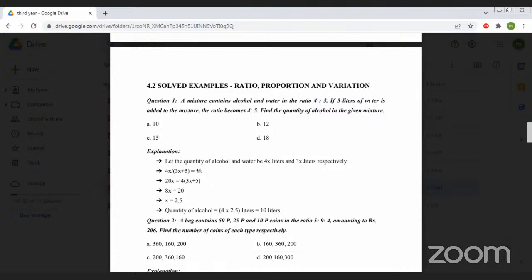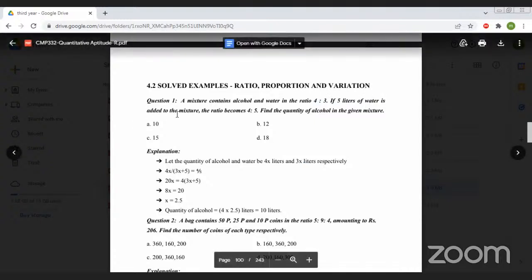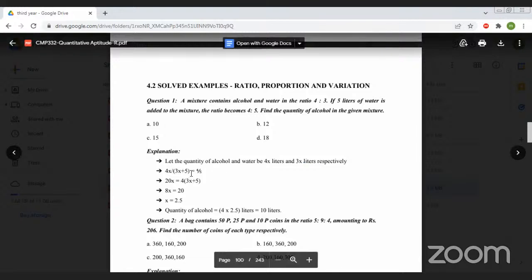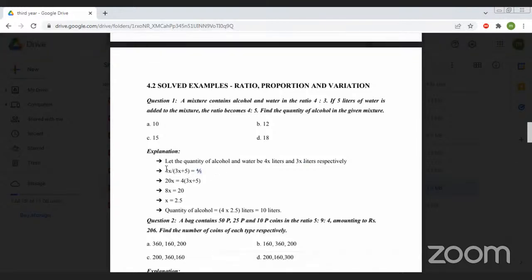After that, if 5 liters of water is added to the mixture, it becomes 3x plus 5, and the ratio becomes 4 is to 5. So 4x upon 3x plus 5 equals 4 by 5.